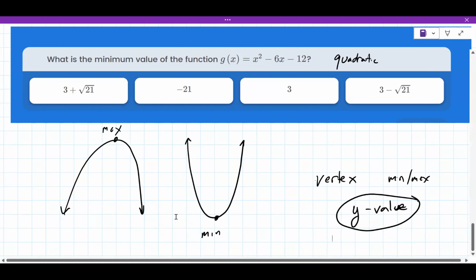Looking from our problem, I don't see the y value because I only see what's on the x side of everything. So you can just graph x squared minus 6x minus 12. And if you want, you can put a y equals, but just graph this in Desmos.